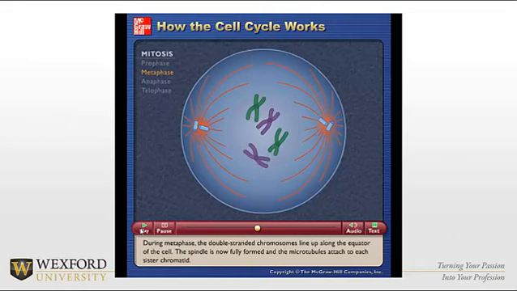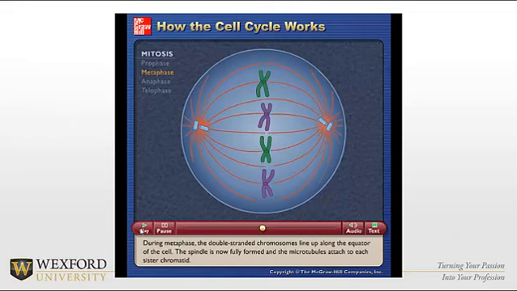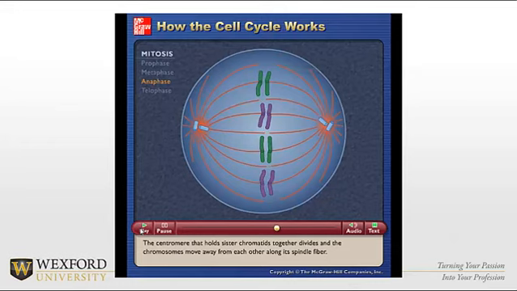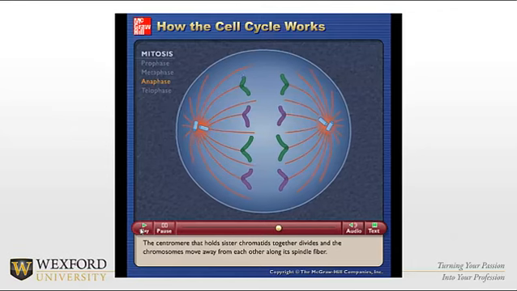During metaphase, the double-stranded chromosomes line up along the equator of the cell. The spindle is now fully formed and the microtubules attached to each sister chromatid. Anaphase begins when the sister chromatids of each chromosome begin to separate. The centromere that holds sister chromatids together divides, and the chromosomes move away from each other along its spindle fiber.